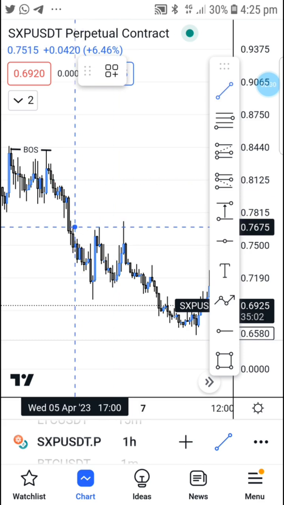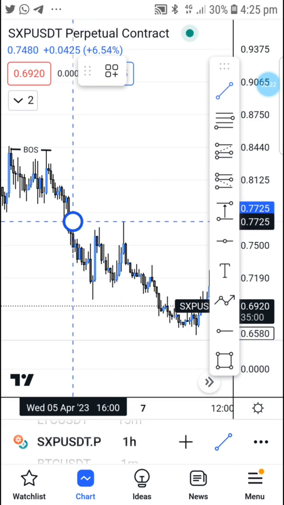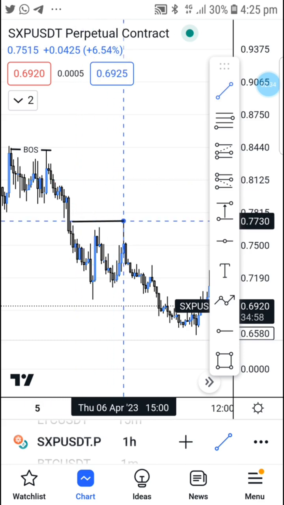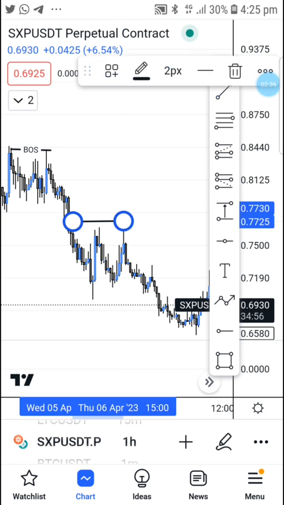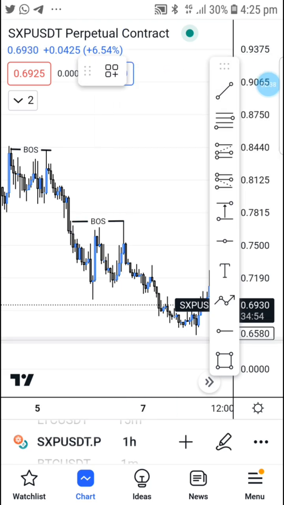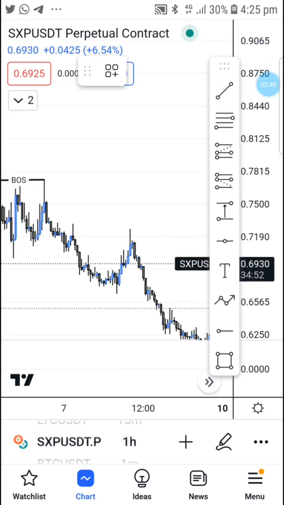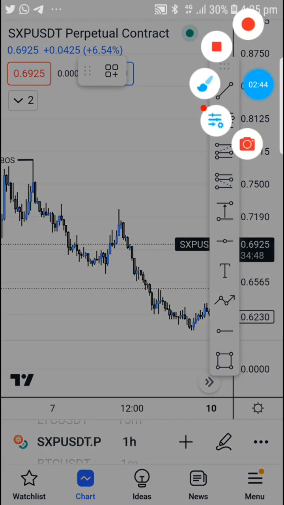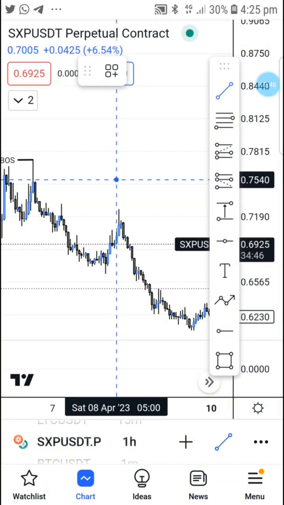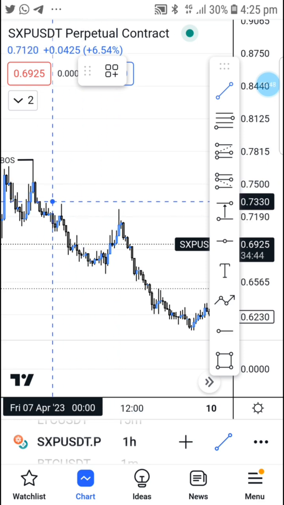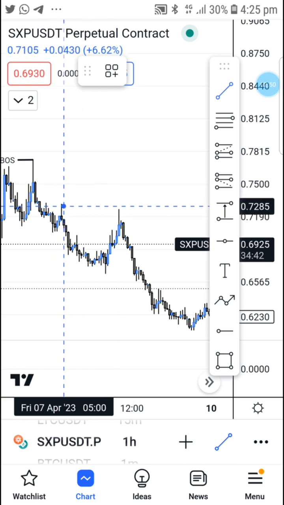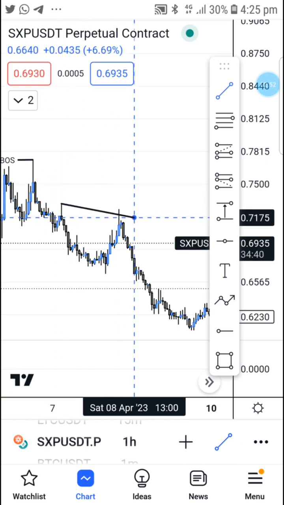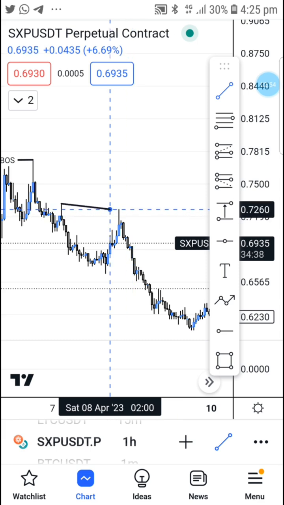It's very simple to identify, so I guess you people shouldn't have issue with all this break of structure. In our previous video I taught you how to save your break of structure. So the next break of structure is around this place, because it went below the previous lower low, so it broke the structure.